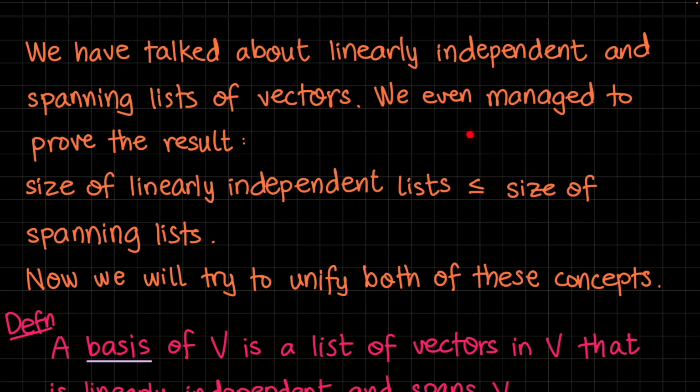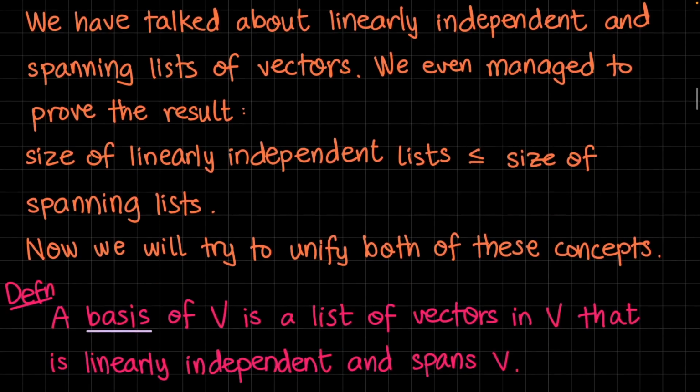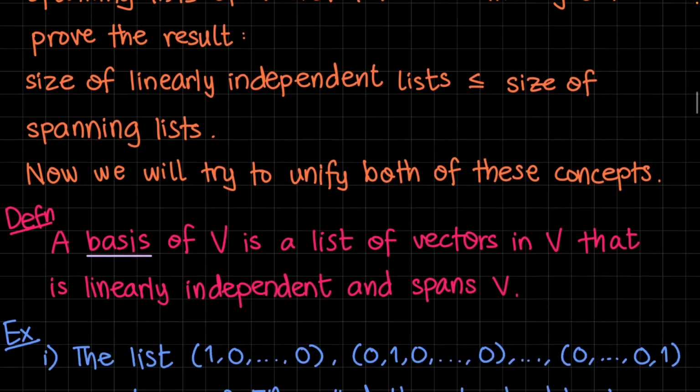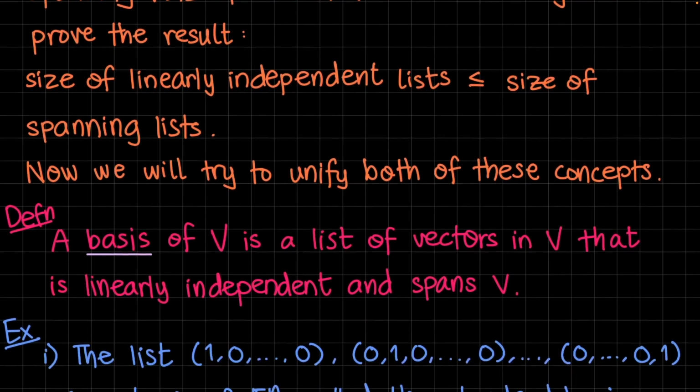The highlight of the last video, one of the highlights actually, was that we managed to prove the following result: that the size of a linearly independent list is less than or equal to the size of any other spanning list. So it is natural to try to unify both of these concepts of linearly independent lists and spanning lists. To do this, we have to define the notion of a basis.